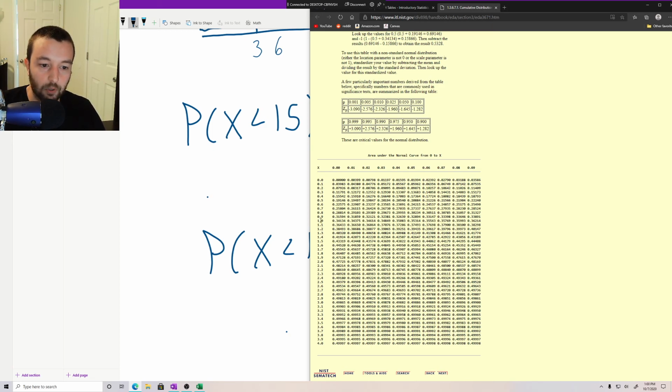So for example, at 1, this number is for 1.00. This number is for 1.01. This number is for 1.02. This number is for 1.08. Okay. So the area under the normal curve from 0 to 1 would be 0.34134. In other words, the probability that x is between 0 and 1 is 0.3413 if x has a standard normal distribution. Okay.